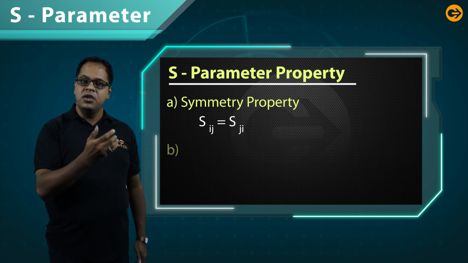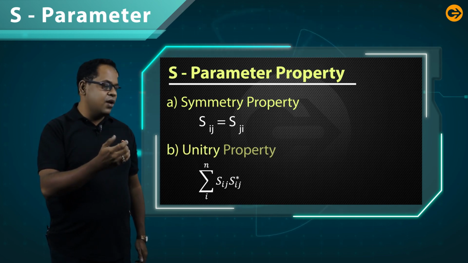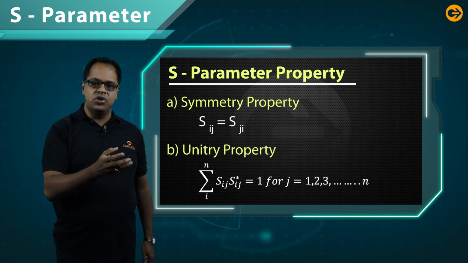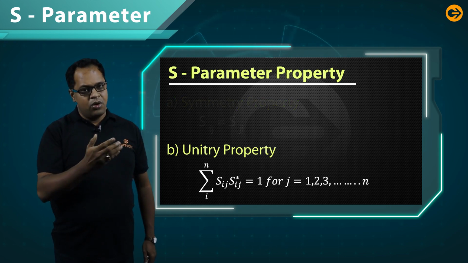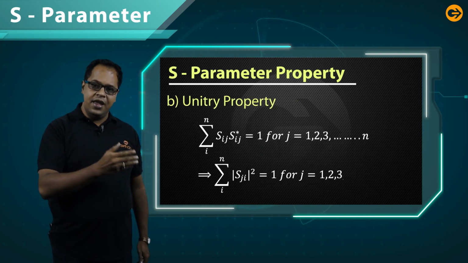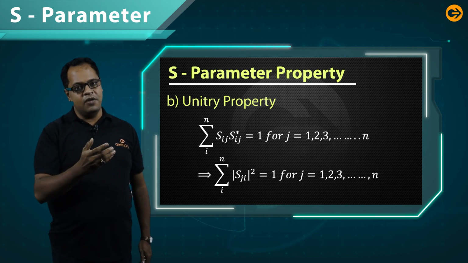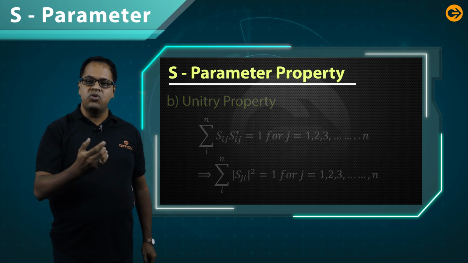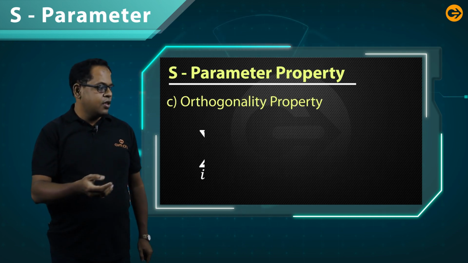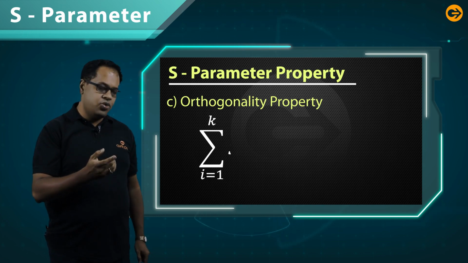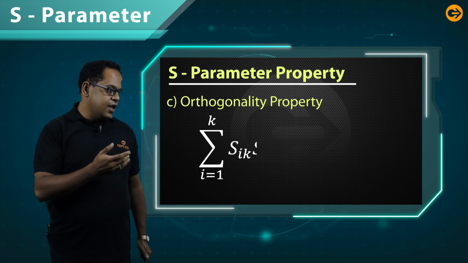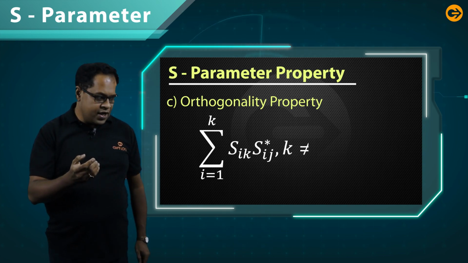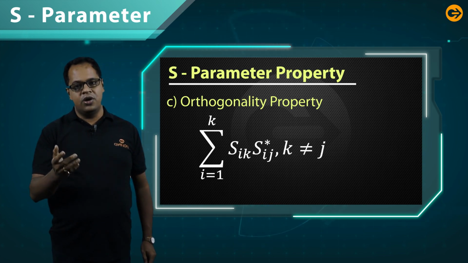The second one is the unitary property, that means sigma over j of Sij into Sij conjugate is equal to 1, which can be written as sigma of Sji square is equal to 1 if the S parameter is real. And there is another property known as the orthogonality property, that is sigma i equal to 1 to n of Sik into Sij conjugate is equal to 0, provided k is not equal to j.